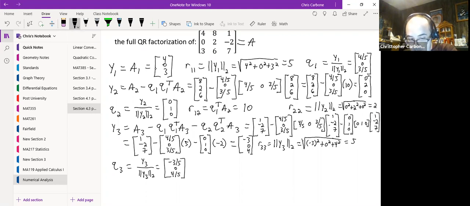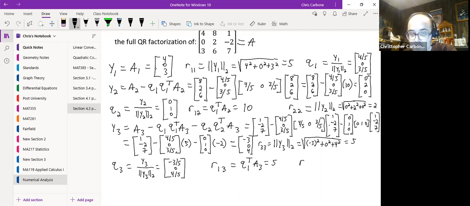And so we just need the value of R sub 1,3. R sub 1,3 is equal to the Q sub 1 transpose times A sub 3, which was 5.